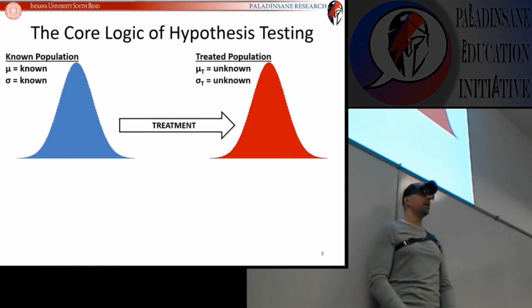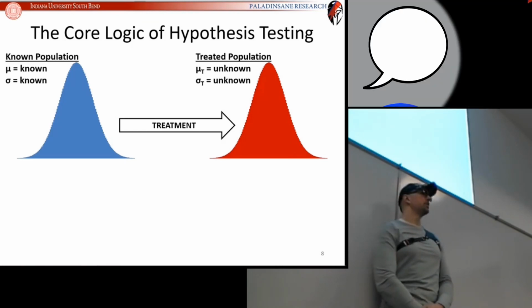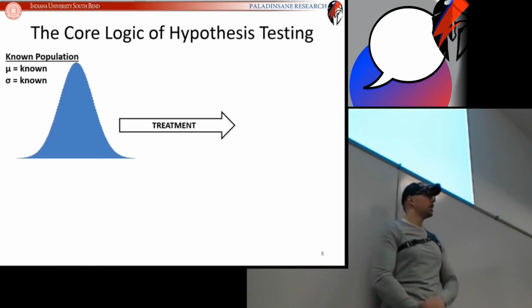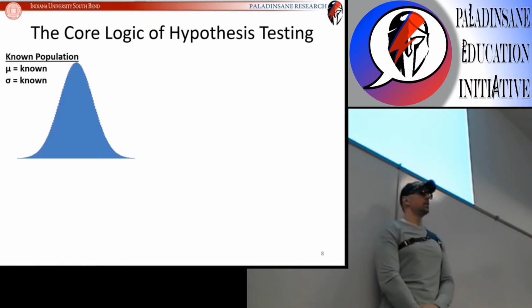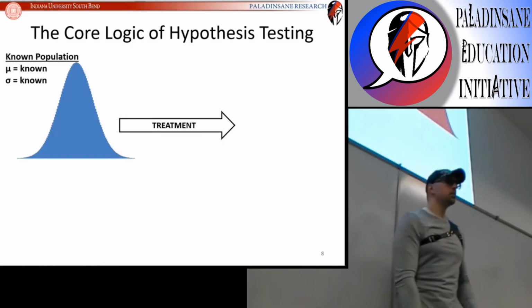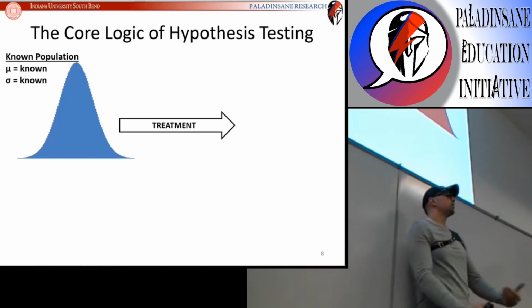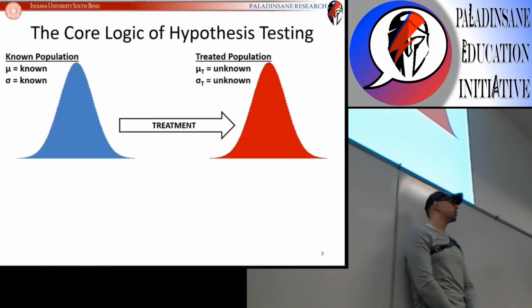Or would it do nothing, in which case we end up with the same old previous population? That's all we're trying to do in hypothesis testing. What does the treatment do? Does it do nothing, in which case you're stuck with the old, in this case known, population? Or does it do something, in which case you transform this population into a treated population? That's what we want to find out. We can never test the entire population.